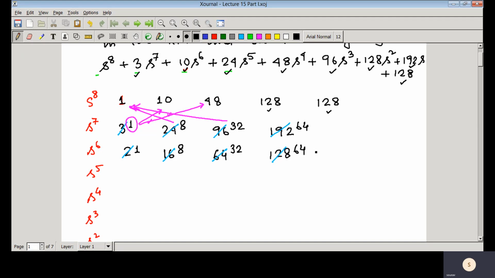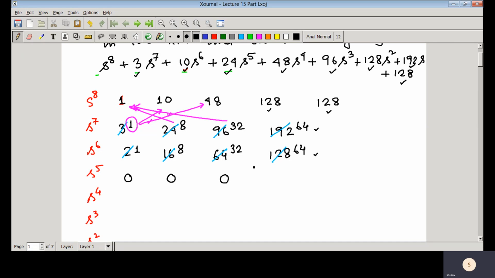Now the interesting thing you can notice here: this row and this row are identical. That means the next row will have all elements equal to 0.